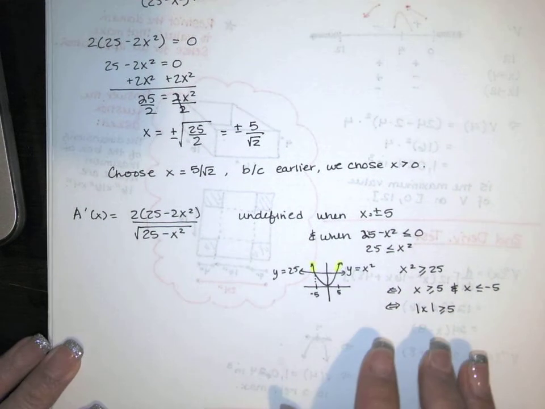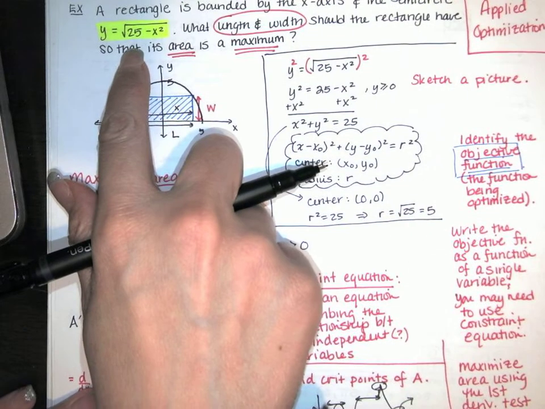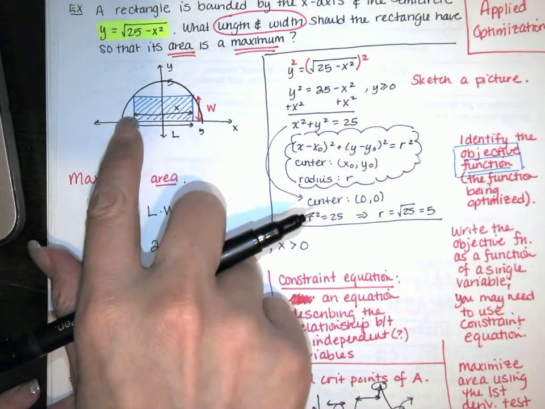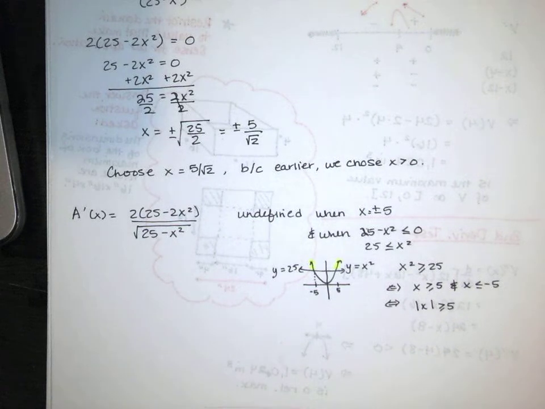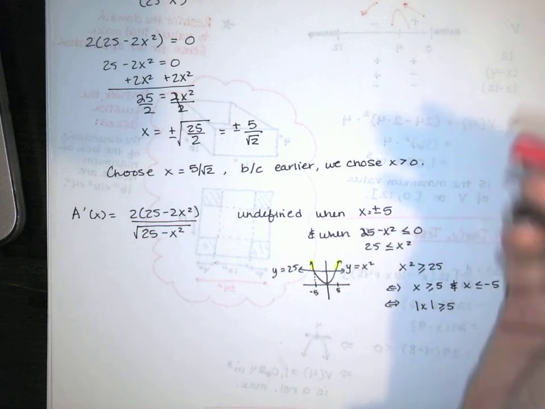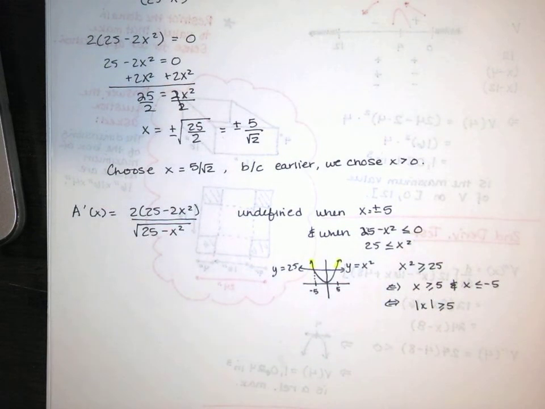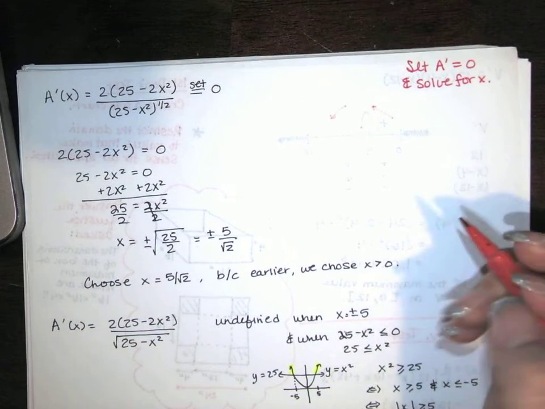Okay, so this is undefined here, but we kind of knew that anyway because y equals the square root of 25 minus x squared was only defined between negative 5 and 5. So yeah, a prime is undefined there, but those values weren't in the domain anyway. So we set a prime equal to 0. We solved for x.